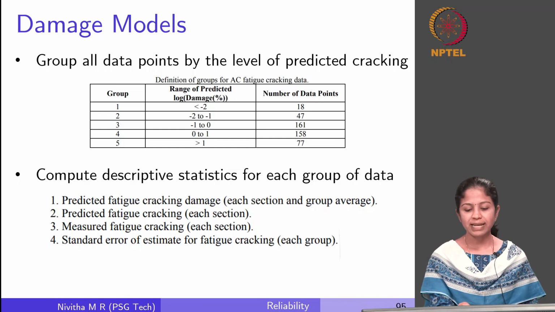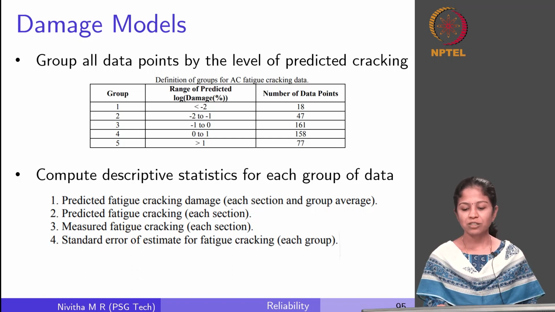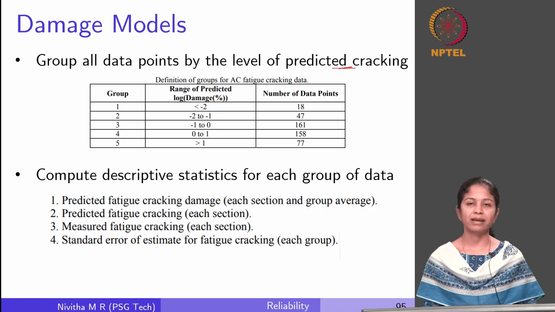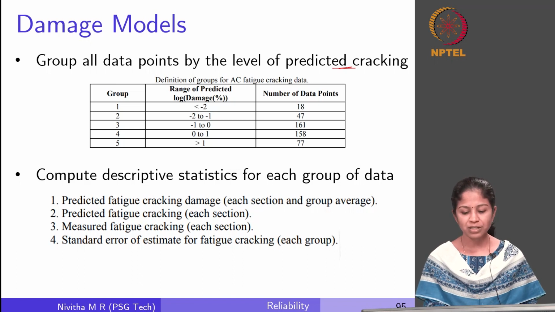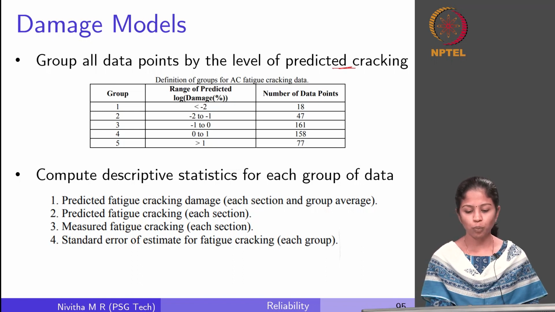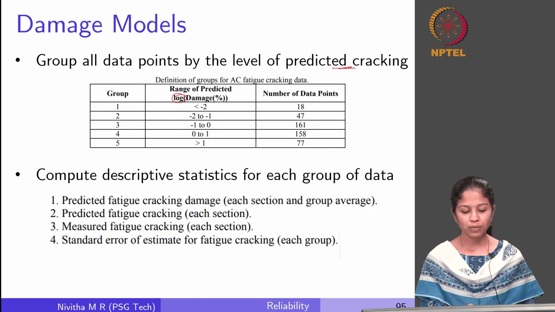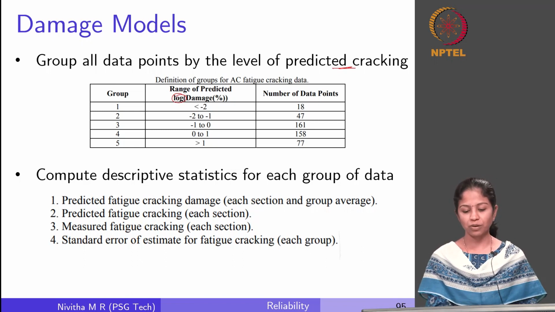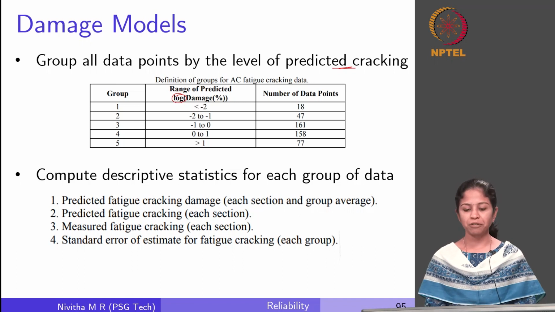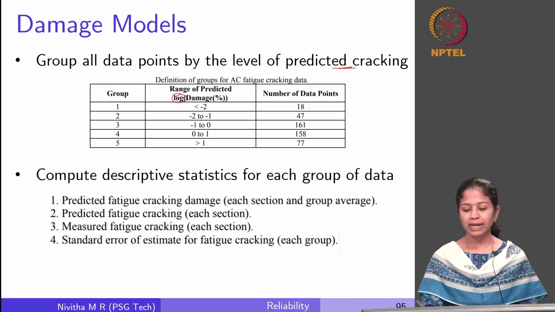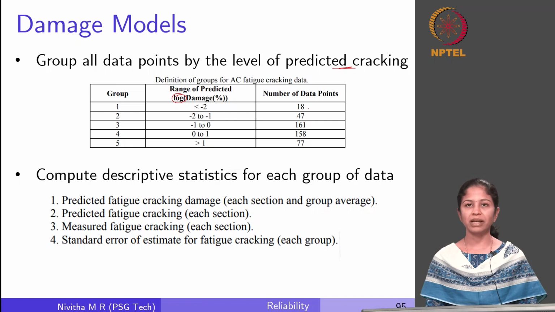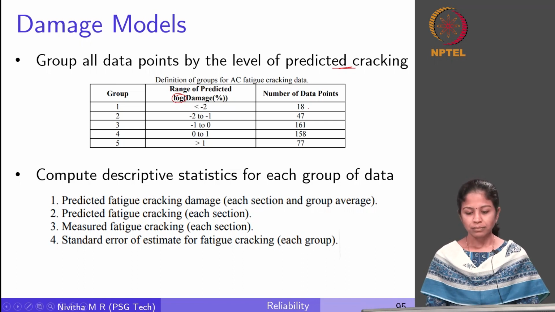Now, all these data points are grouped based on the level of predicted cracking, right. So if the damage is less than -2, then it is group 1, and again this is the log value of the damage, and -2 to -1 it is group 2, -1 to 0. Like that it is grouped into different ranges, and the number of data points falling in each of these ranges is also mentioned here, right.